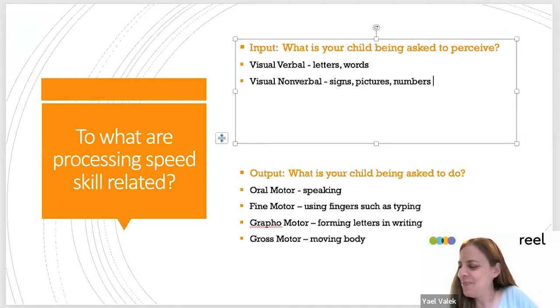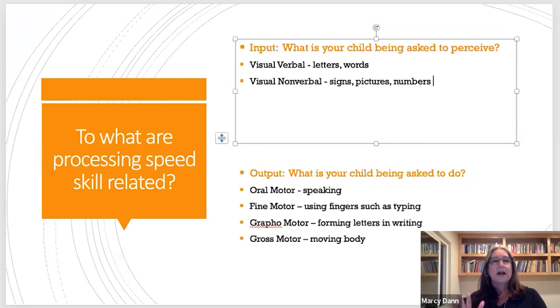Okay, good. So I just want to say, as we leave this slide, that when we talk about processing speed, we can't isolate it. We have to look at it in terms of what the student is perceiving, whether it's visual or auditory or tactile, and what the student is being asked to do, whether it's oral motor, fine motor, graphomotor, or gross motor, so that we can determine the most salient aspect of that task.